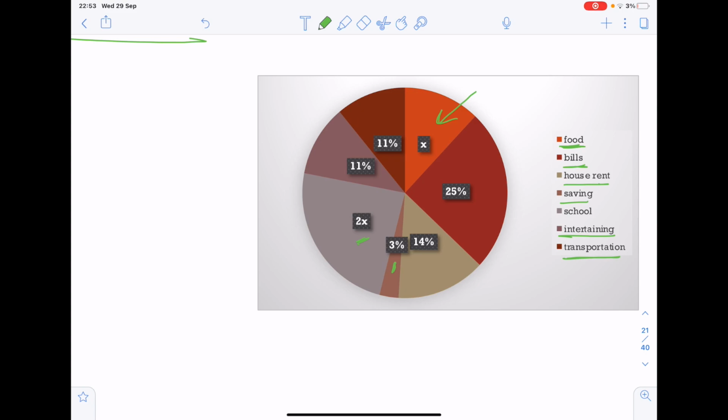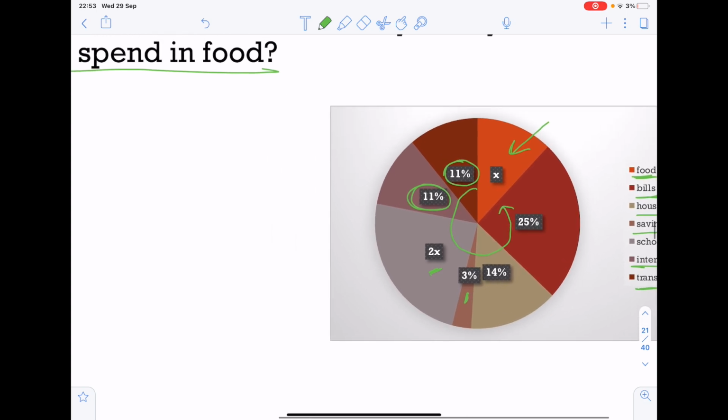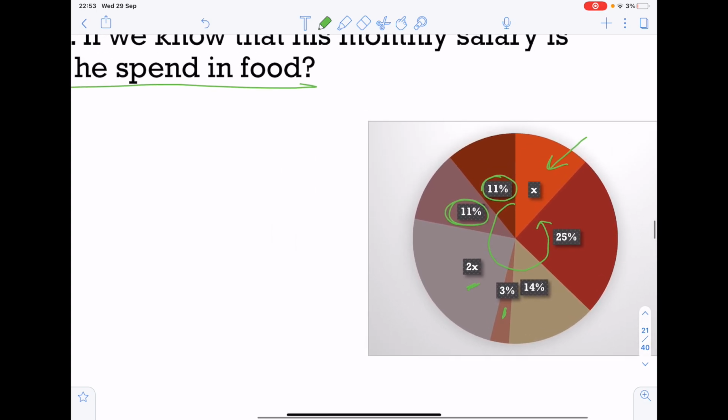Since the other values are given to us in percentage, that means if we add all those values together, they should give me 100. So 11 plus 11 plus 2x plus 3 plus 14 plus 25 plus x equals 100.